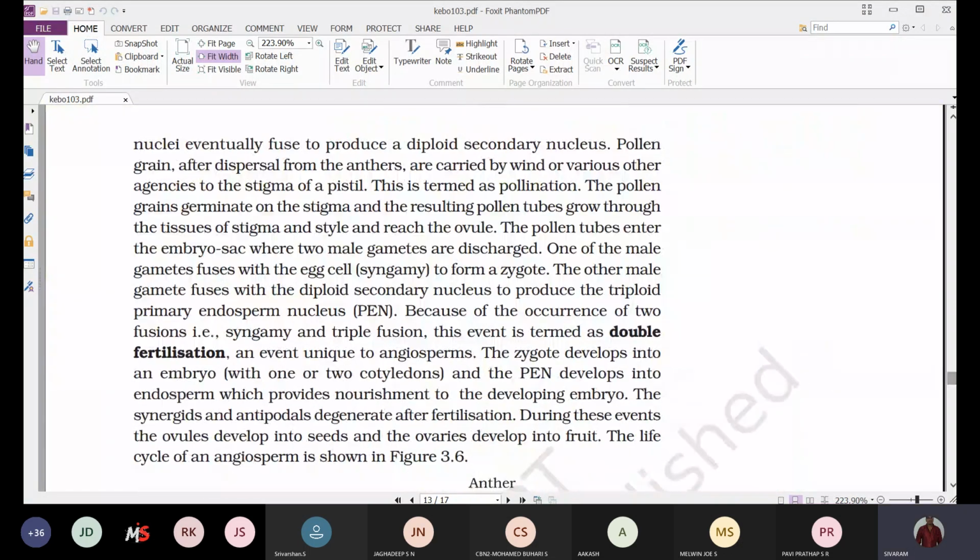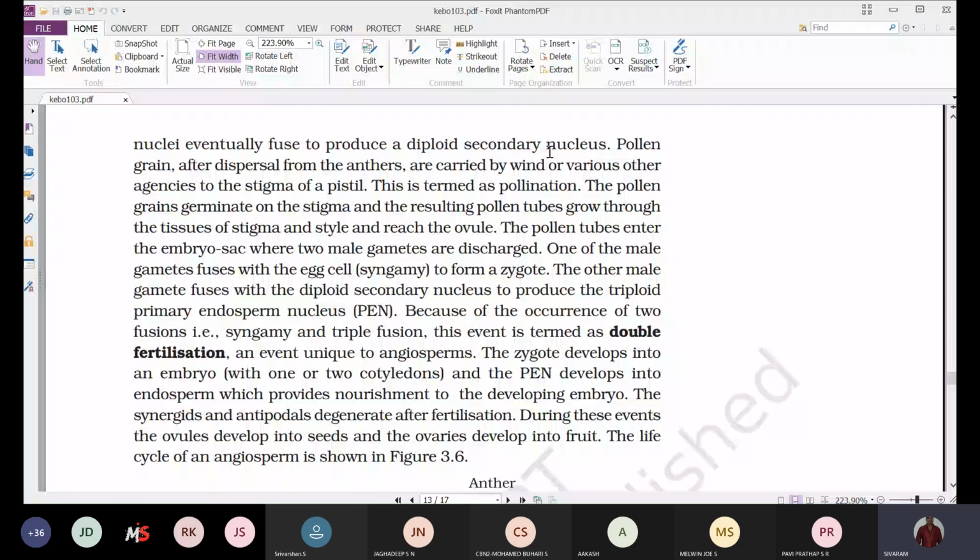The two polar nuclei eventually fuse to produce a diploid secondary nucleus. This happens just before fertilization, after the entry of the pollen tube into the embryo sac.